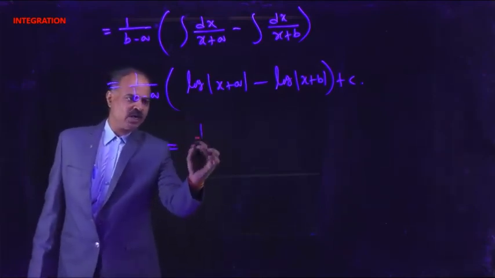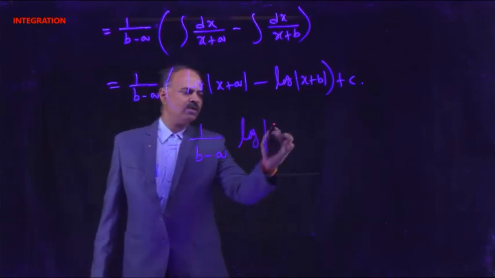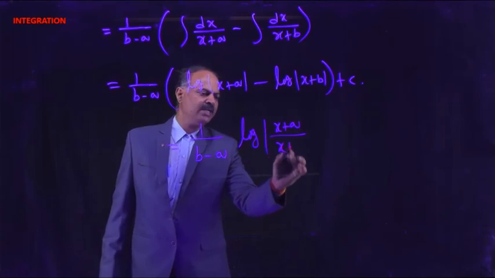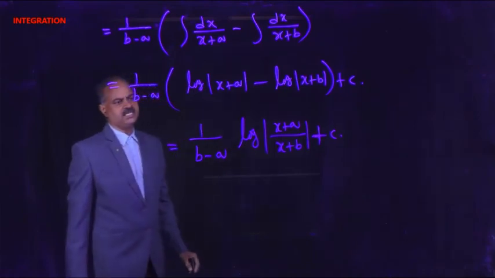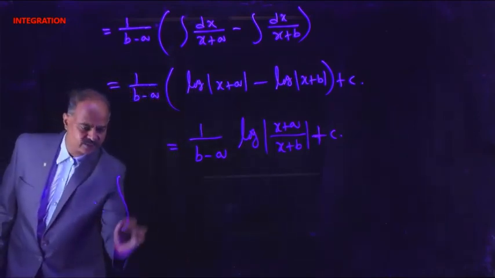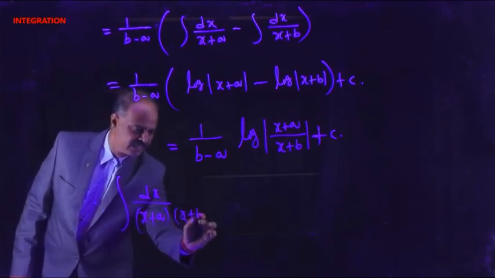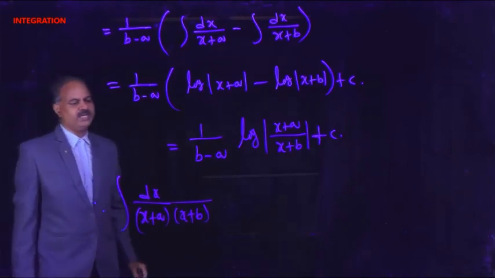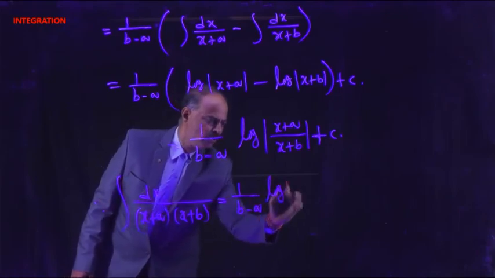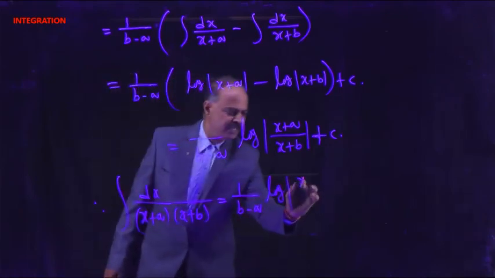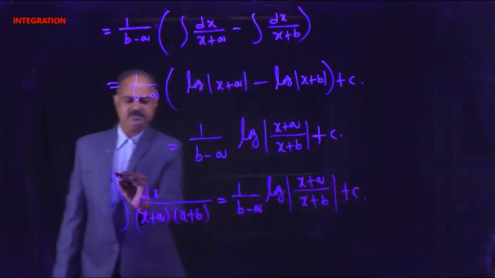So that is equal to 1 by (b minus a) into log modulus of (x plus a) divided by (x plus b) plus integration constant C. Therefore integral dx by (x plus a) into (x plus b) is equal to 1 by (b minus a) into log modulus of (x plus a) by (x plus b) plus integration constant C.